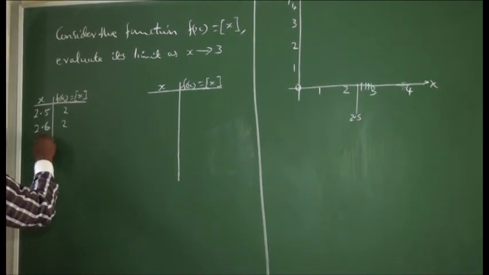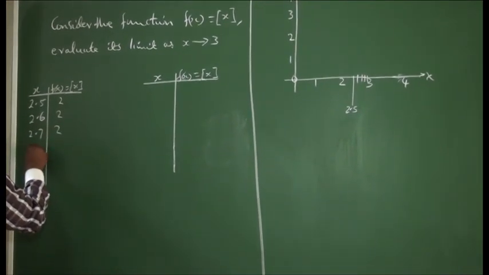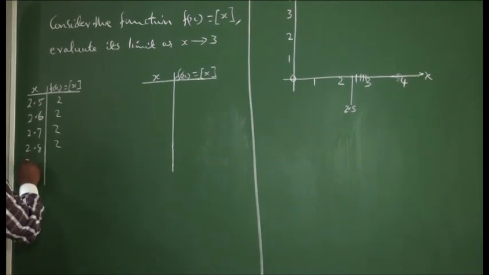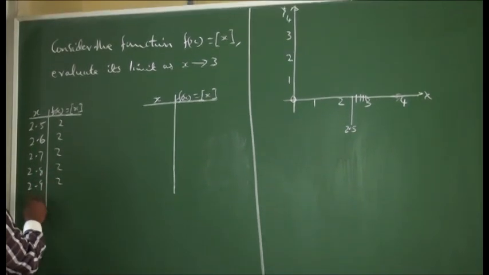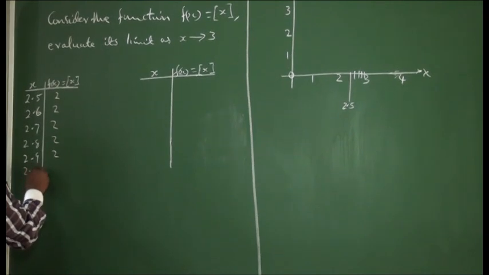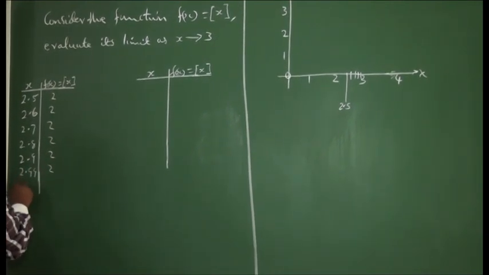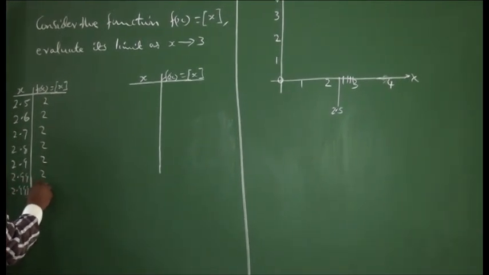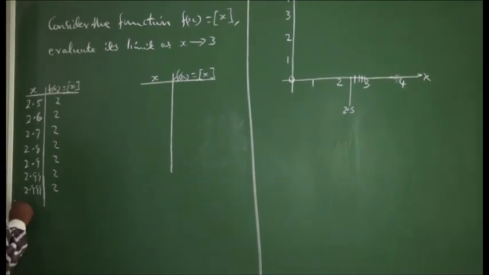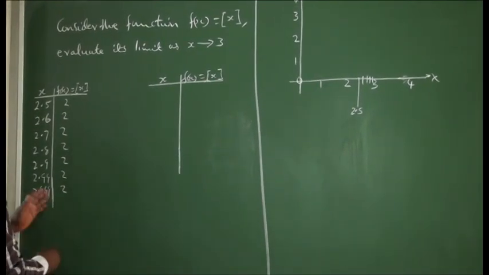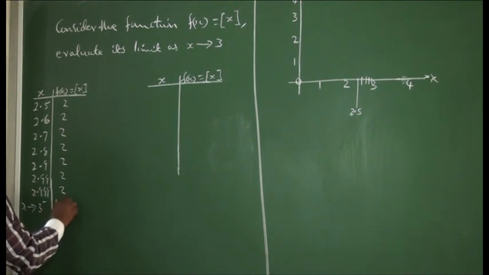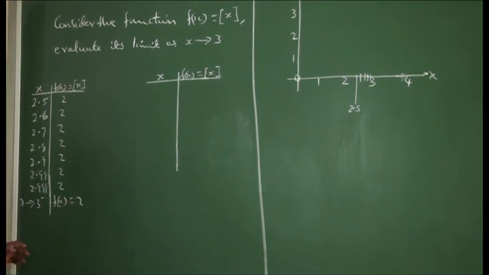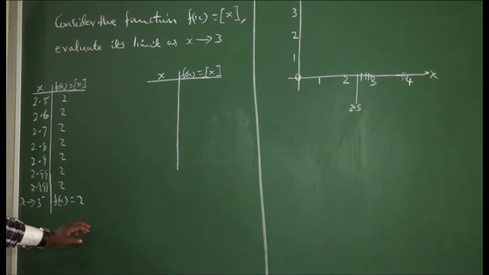When x is 2.7, f of x is 2. 2.8, f of x is 2. 2.9, f of x is 2. 2.99, f of x is 2. 2.999, f of x is 2. So here, x approaches 3 from the left, and then f of x equals 2.